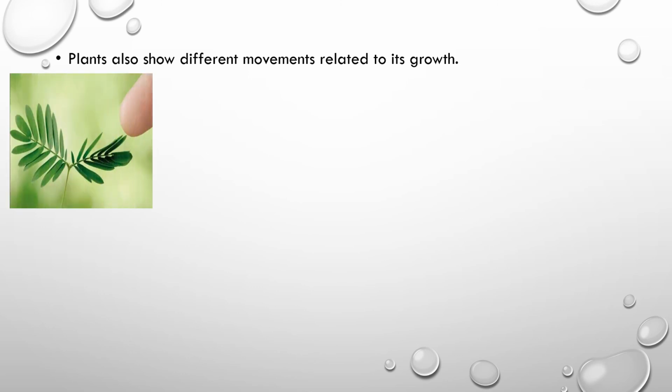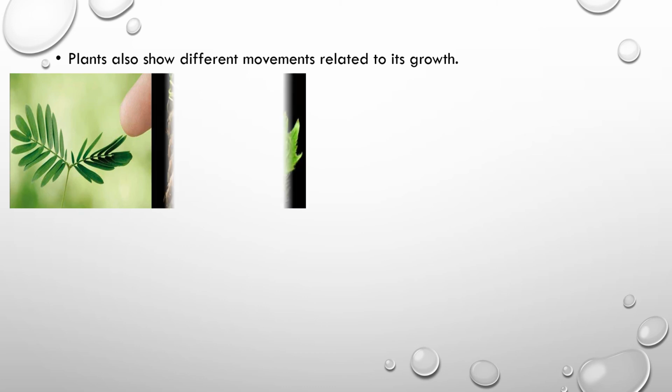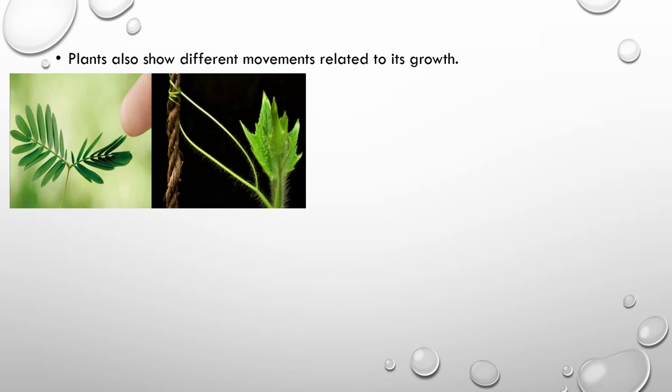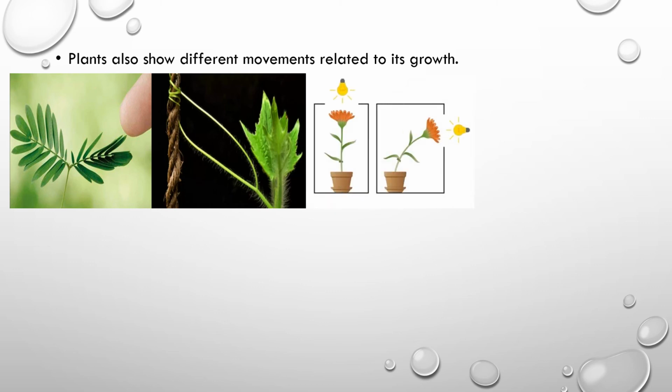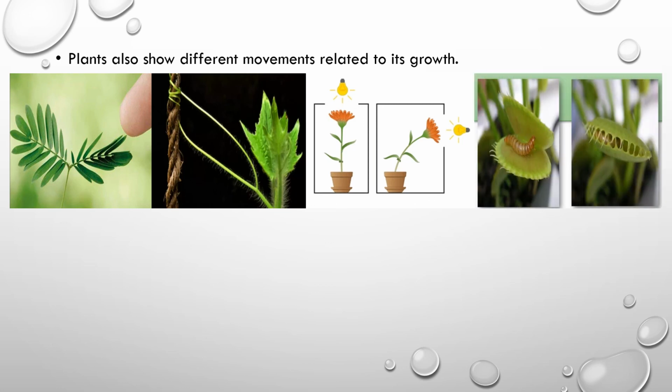If you consider the mimosa plant, its leaves fold up when touched and even during night, and the tendrils of climbing plants coil up around the supporter while growing up. Also, growing plants towards the light is a main form of movement shown by plants. And predatory plants also show different types of movements to trap their prey.